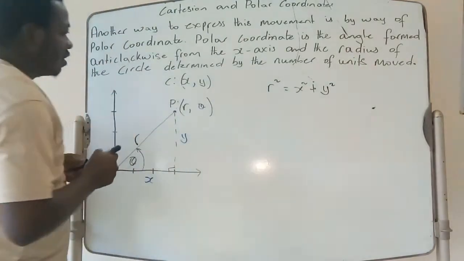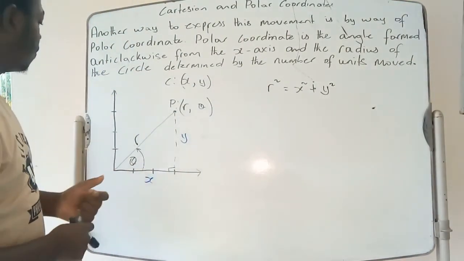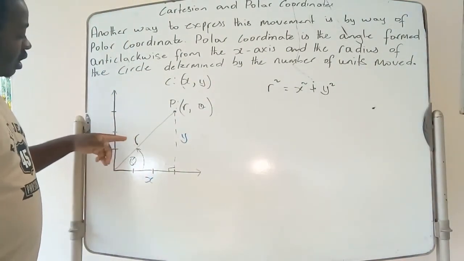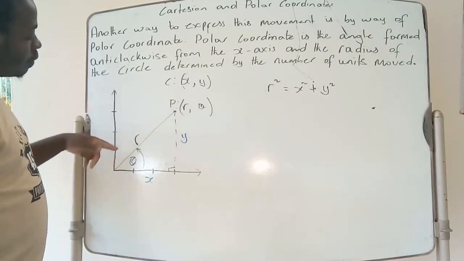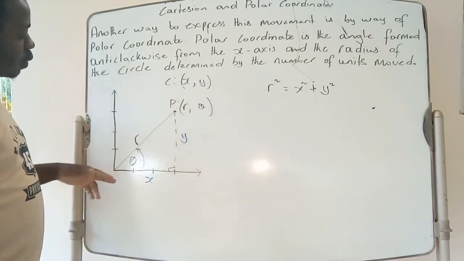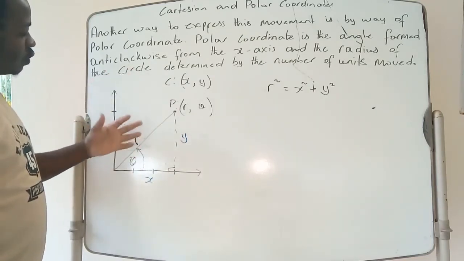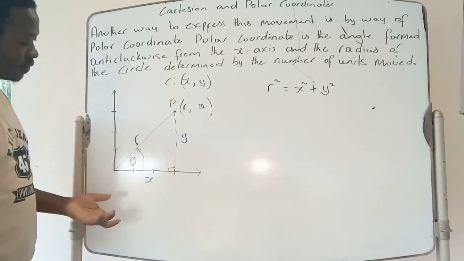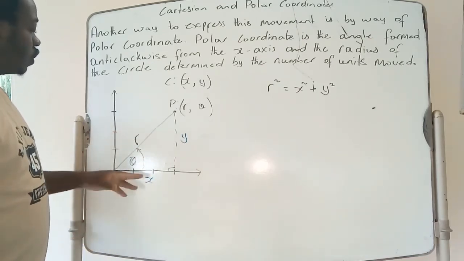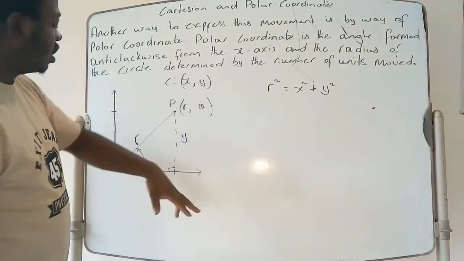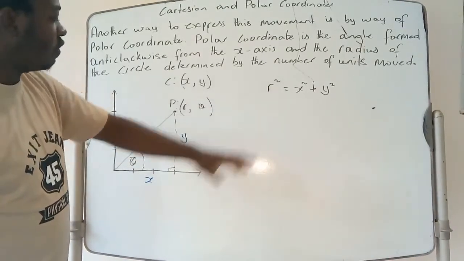Right? Because that is what the Pythagoras theorem states, that the square of the hypotenuse is equal to the square of the other two sides when you add them, right? So that's one relationship that we could discover.